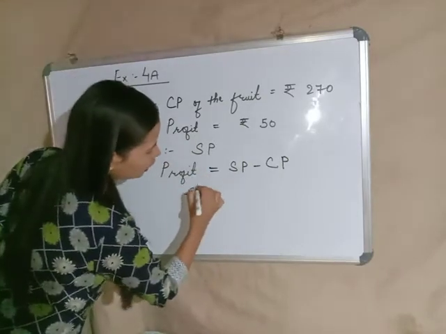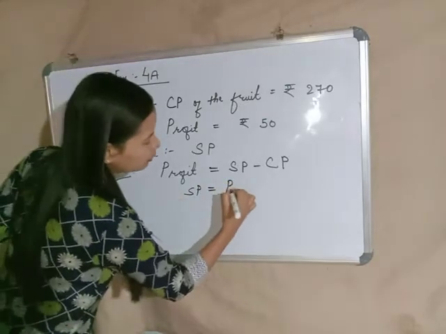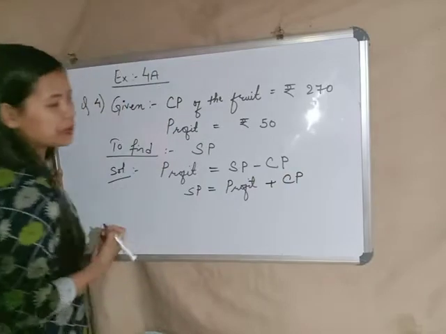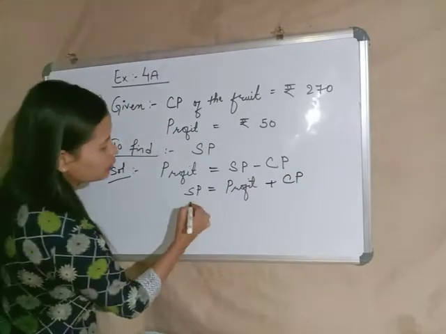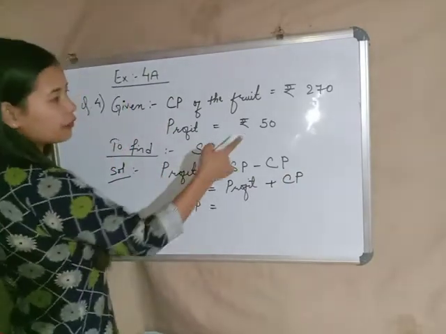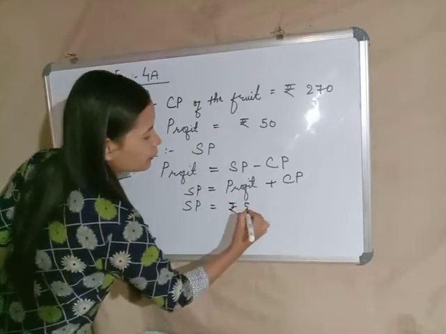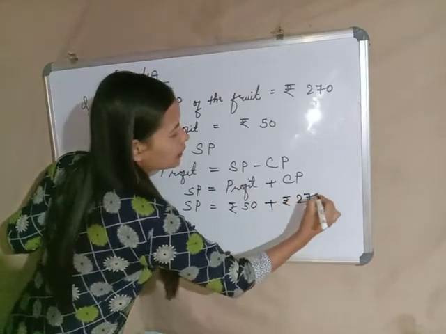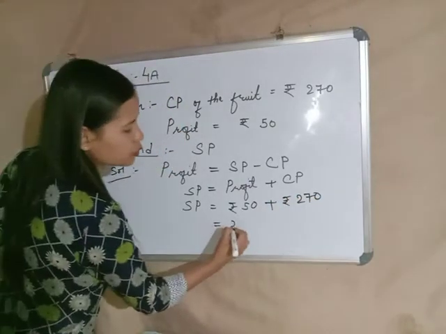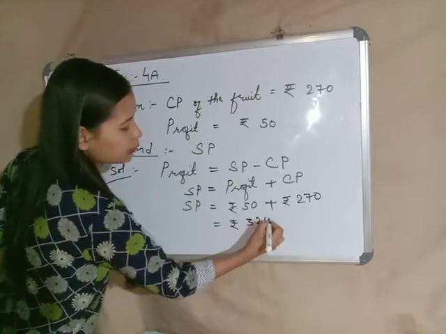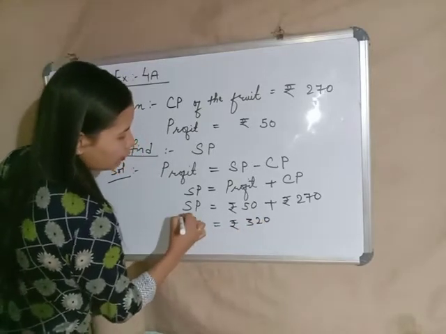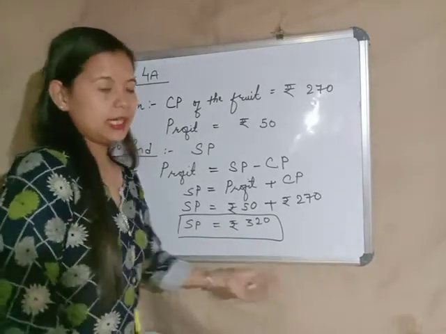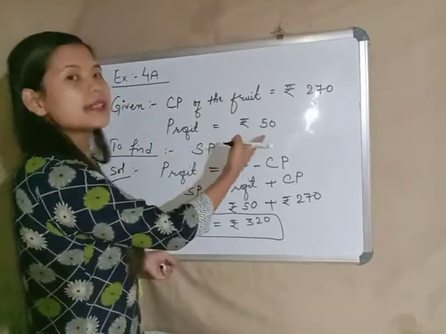So from the formula, selling price will be equal to profit plus cost price. So selling price will be equal to, what is the profit? That is rupees 50, and what is the cost price? That is rupees 270. When you add these two, what do you get? You get rupees 320. So our answer is, if we sell the fruit at rupees 320, then we can gain a profit of rupees 50.